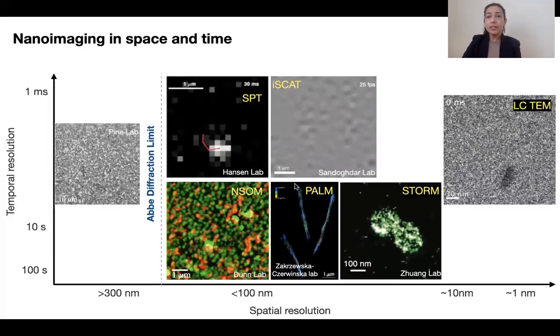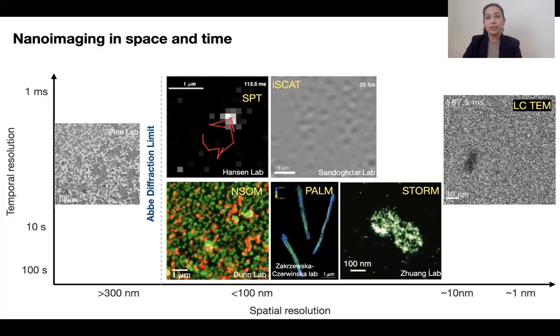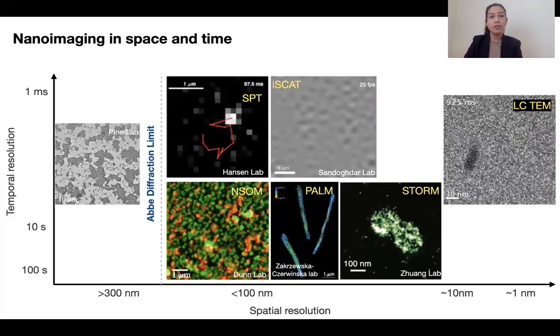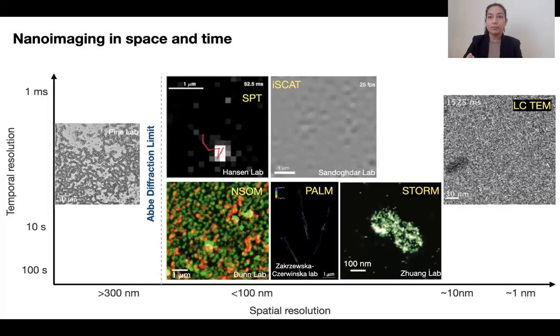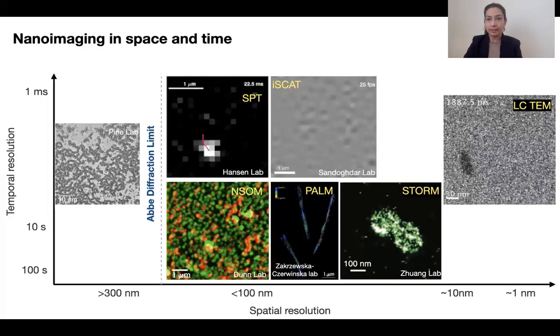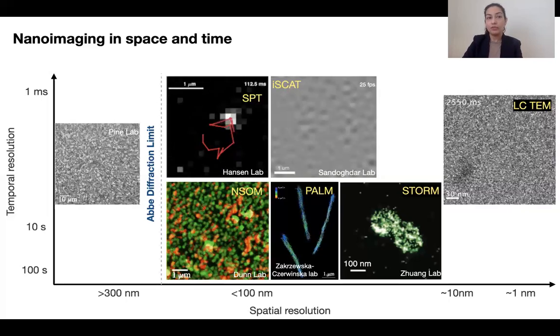So liquid cell transmission electron microscopy is a technique that allows us to observe nanoscale phenomena with the spatial resolution of a transmission electron microscope, but also with a temporal resolution of milliseconds. This technique has been developed and has advanced in the last 15 years.